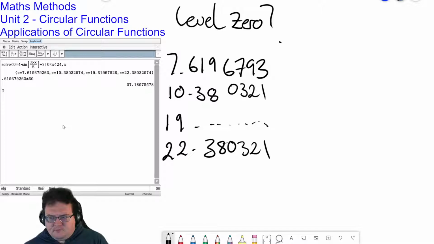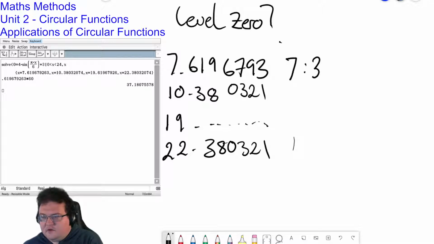So this time over here is going to be at 7:37.18. I still got decimal points. Now, if I didn't care about seconds, if I just said to the nearest minute, what would I do?